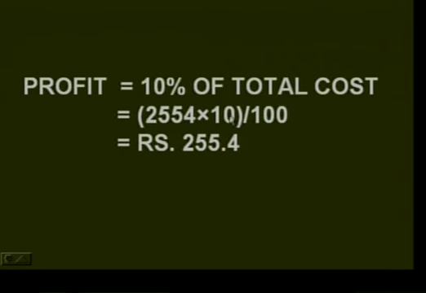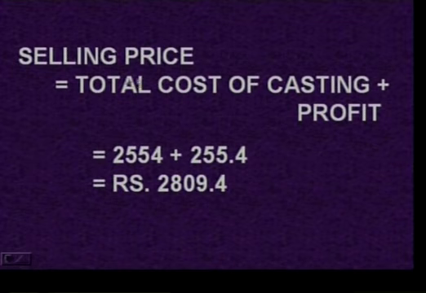So, 10% means 10 by 100, total cost is 2554, by multiplying we can get 255.4 rupees. Selling price is the sum of total cost of casting and profit.